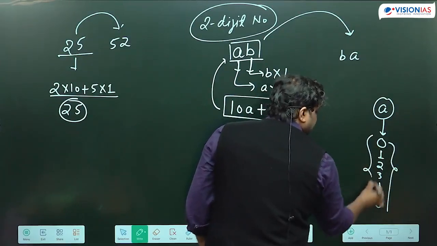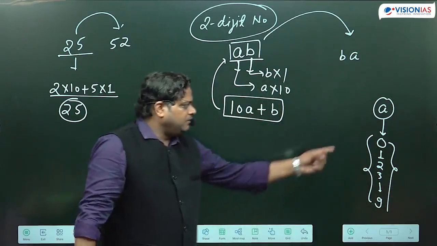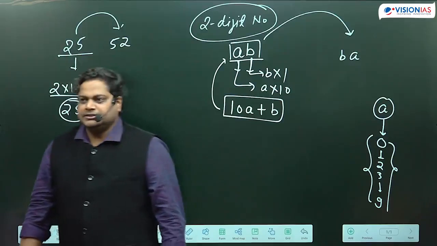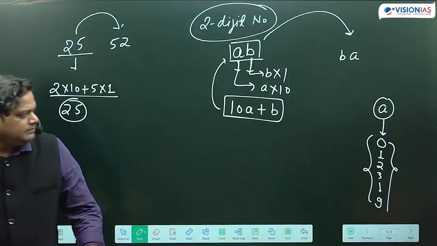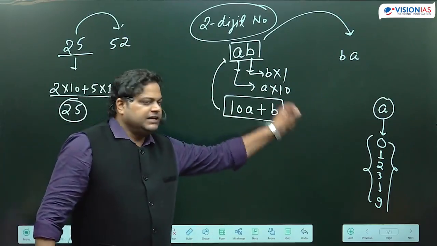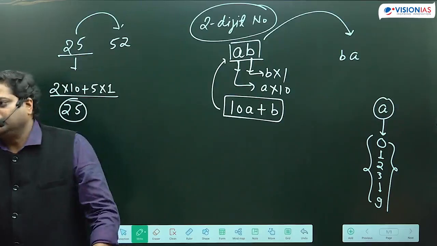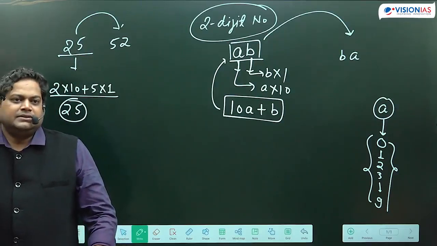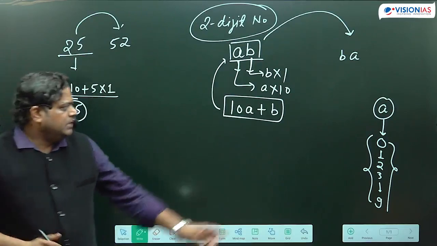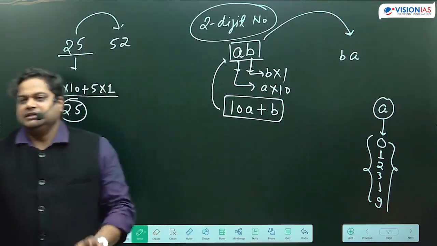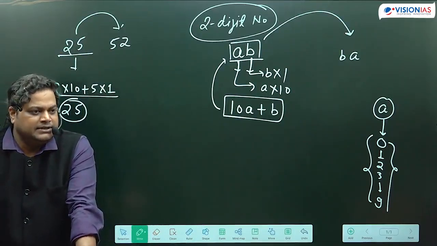These are digits. With the help of these digits, कितने digits हैं total? 10. With the help of these digits, we can make any number. 2 digit, 3 digit, 5 digit, 1 lakh digit, कोई भी number we can form with the help of these 0 to 9 digits.